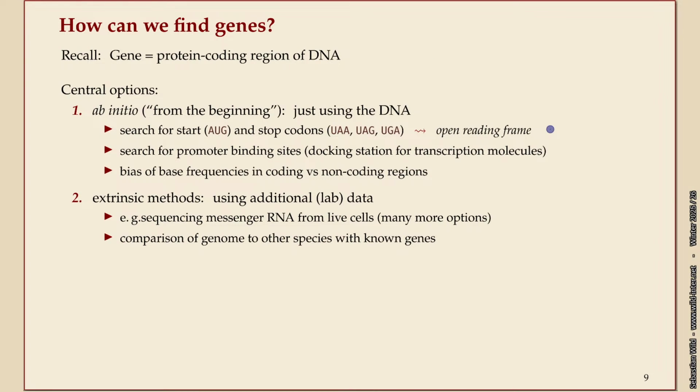A sequence in the DNA that begins with the single start codon and ends with one of these, and in particular doesn't have any other occurrences of the stop codons, that's called an open reading frame. You should think of this like this is opening the book and this is closing it shut. So trying to read a gene immediately stops when one of these occurs, so you can't keep going.